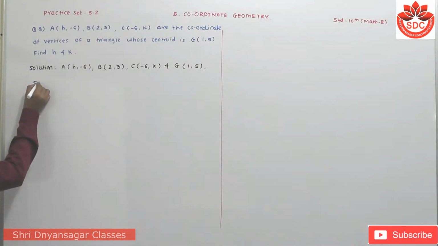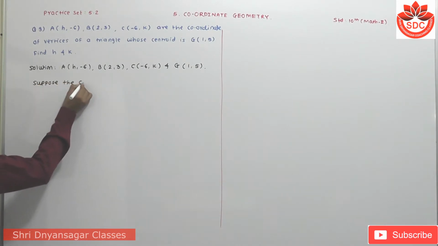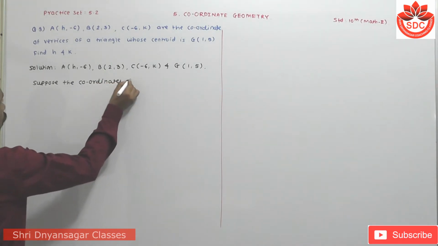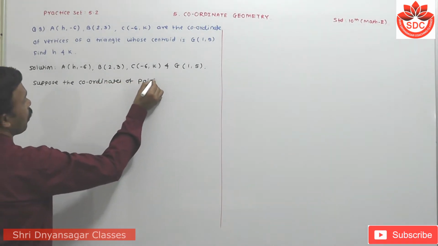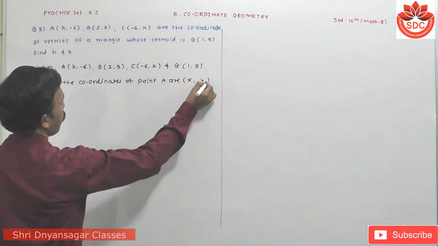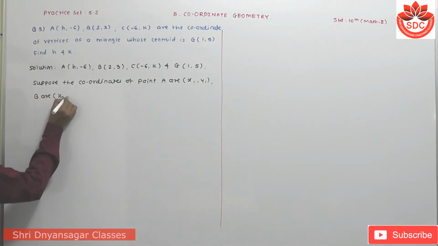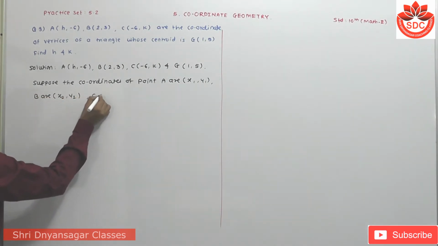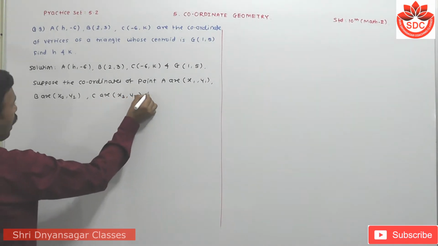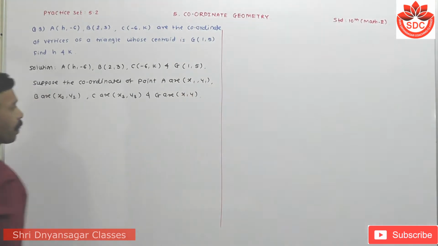Suppose the coordinates of points A are (x1, y1), B are (x2, y2), C are (x3, y3) and G are (x, y).